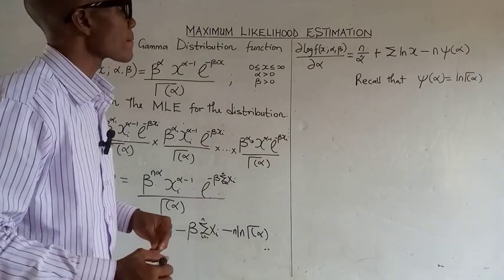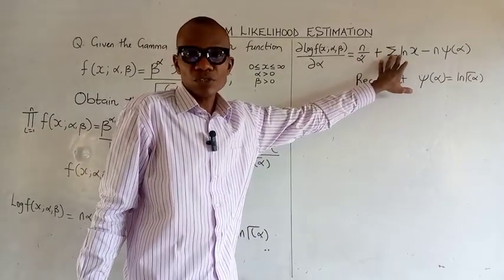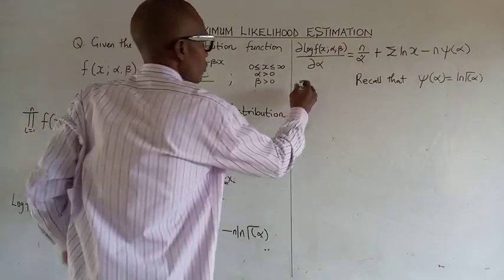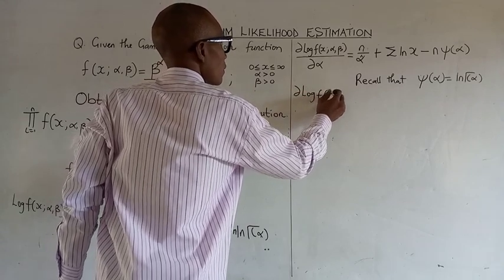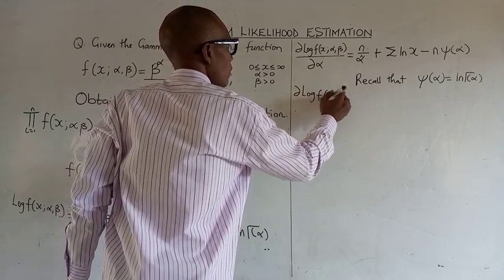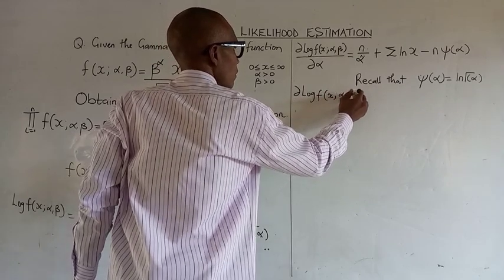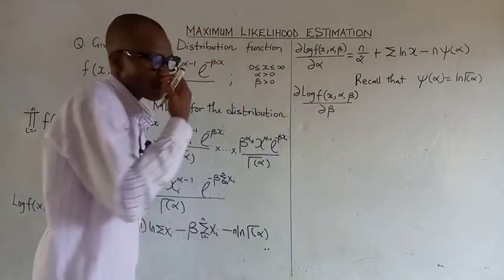We cannot equate this to 0 because it has no closed answer. So we also take the differential for the beta function.